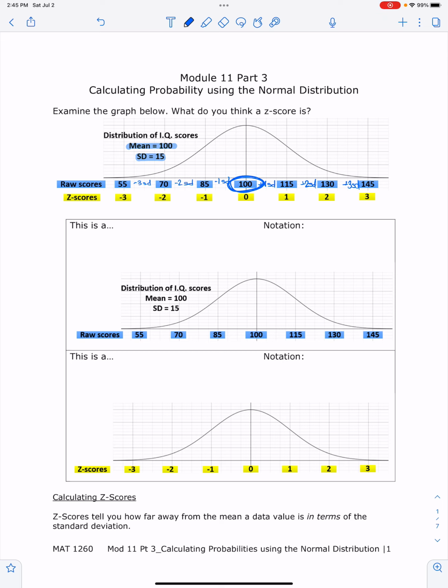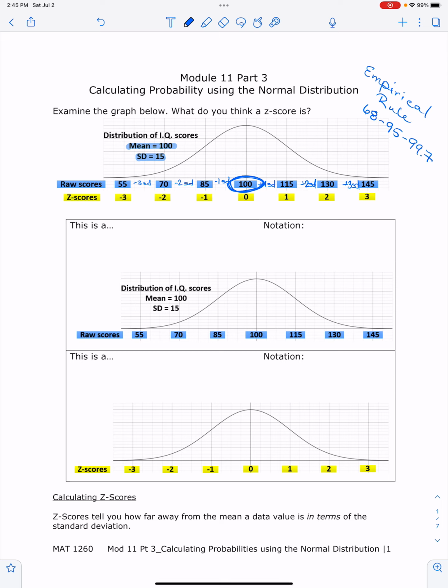We used the empirical rule to discuss how much of our population is trapped between 1 standard deviation above and below, or 2, right? So just a quick reminder of what our empirical rule told us. And that's that 68, 95, 99.7.